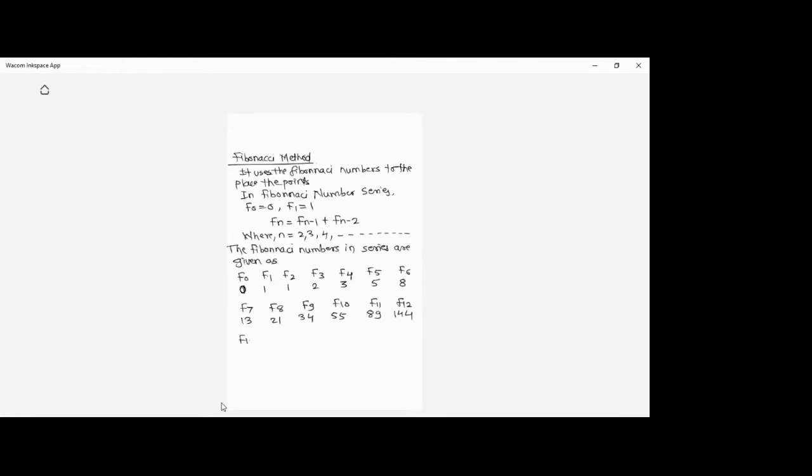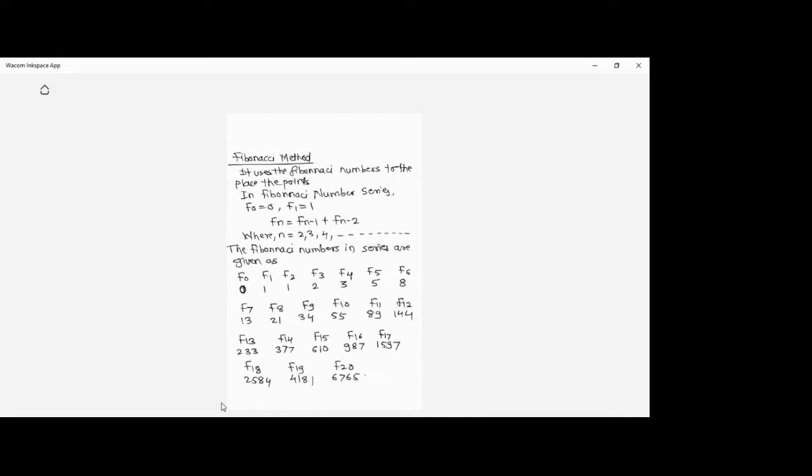So you can write f13 as 233, f14 as 377, f15 as 610, f16 as 987, f17 as 1597, f18 as 2584, f19 as 4181, f20 as 6765, right? I've written it till f20, you can go on.